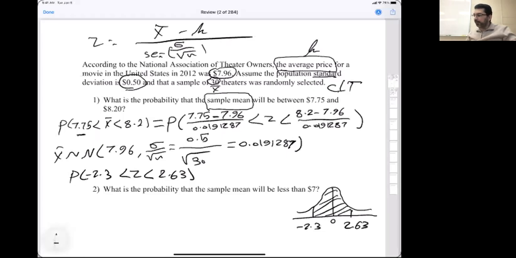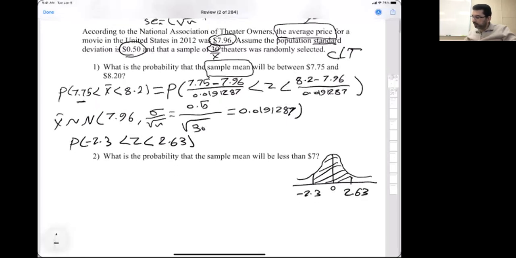Don't forget that the z table gives us the area to the left of the number. So the table gives us the area for negative 2.3 as this area. If I need the area to the left of 2.63, it will be this whole area, all the way to negative infinity.